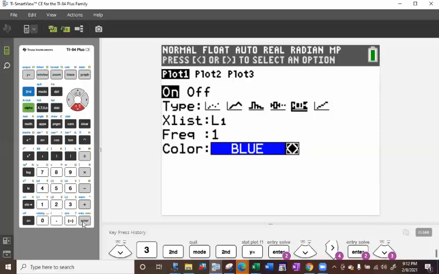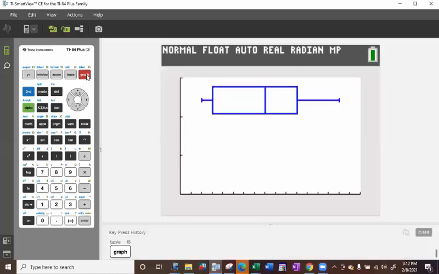I think I have to hit graph, up in the right corner. There we go. It likes to put it right there at the top of the screen, no matter how you scale the y-axis. So that's fine. So that was the box and whisker for that data set that was already in the calculator.